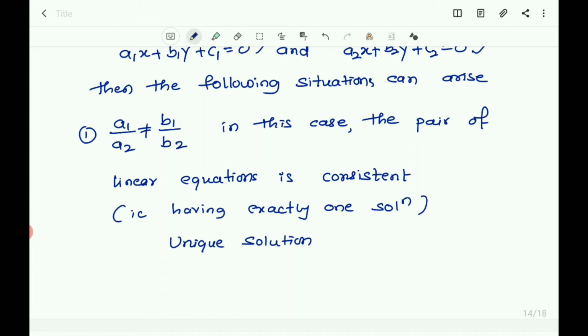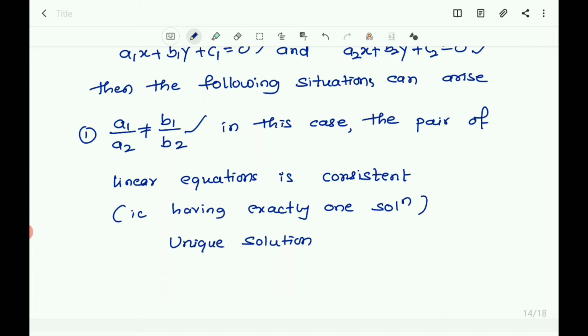Consistent means it has a solution, and it has exactly one solution, that is, a unique solution. That is the first situation.